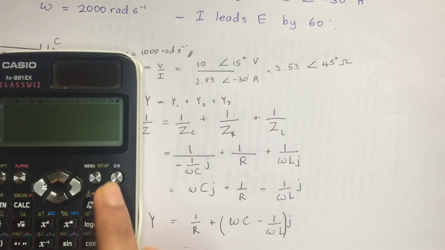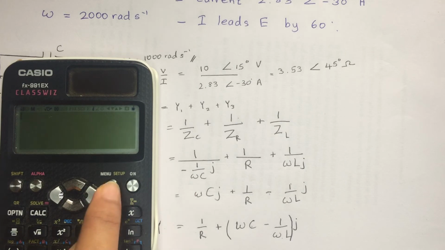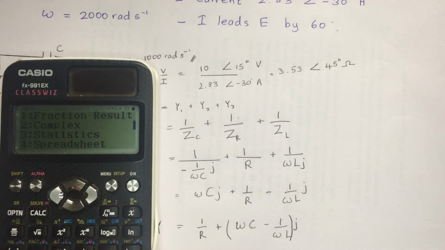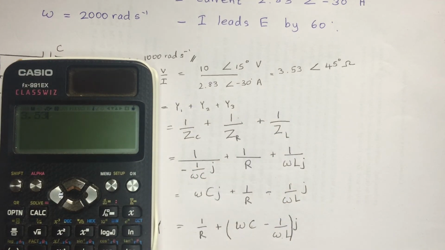So here I'm going to use the calculator. I have already done a video discussing how to solve these complex number problems using a calculator, so I'm going to do it a little bit faster. If you would like to watch that, I will give the link in the description. So please watch that. Okay, first one, 3.53 with the base angle.